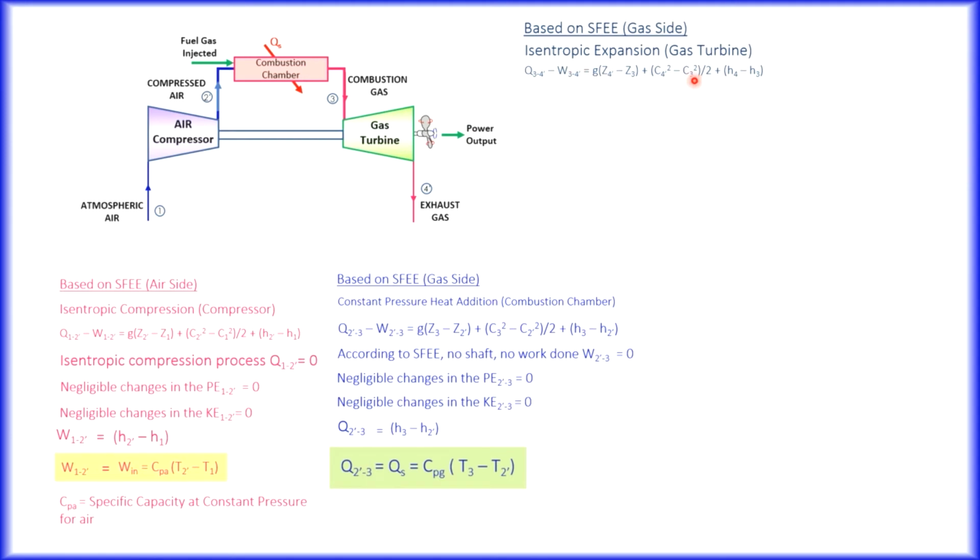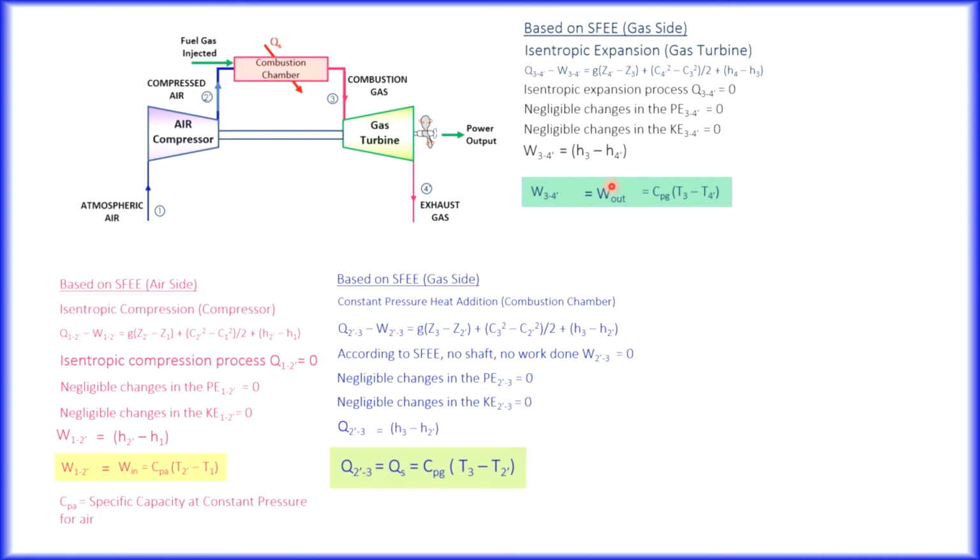Then your work output equals the change of enthalpy, that is H3 minus H4. Remember, this is CPG also. The gas turbine is the gas side also. So the combustor and the gas turbine are usually considered the gas side.